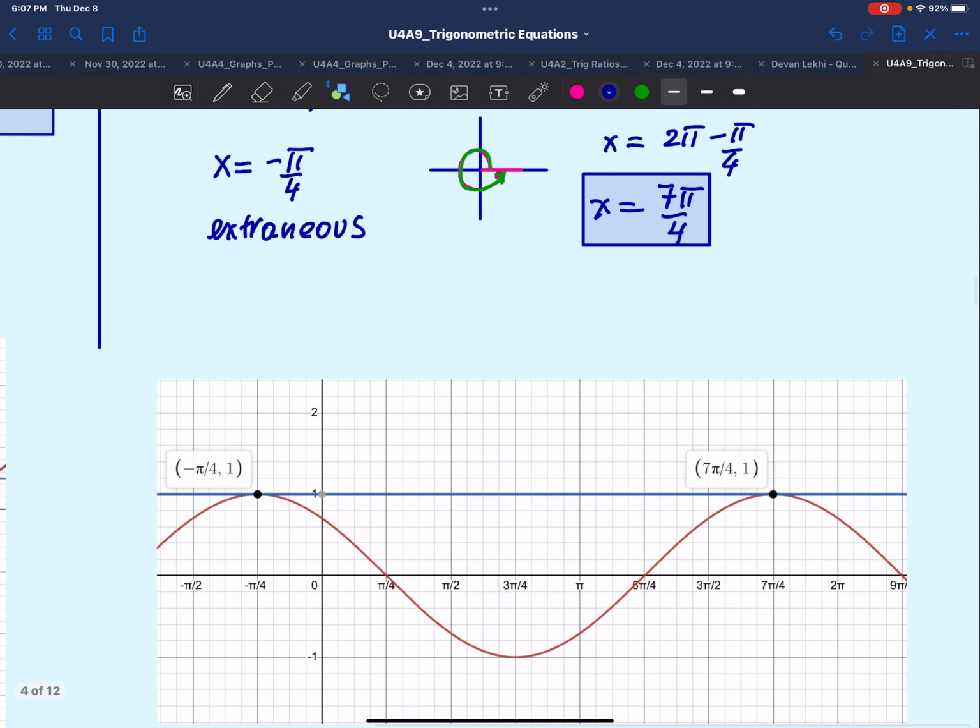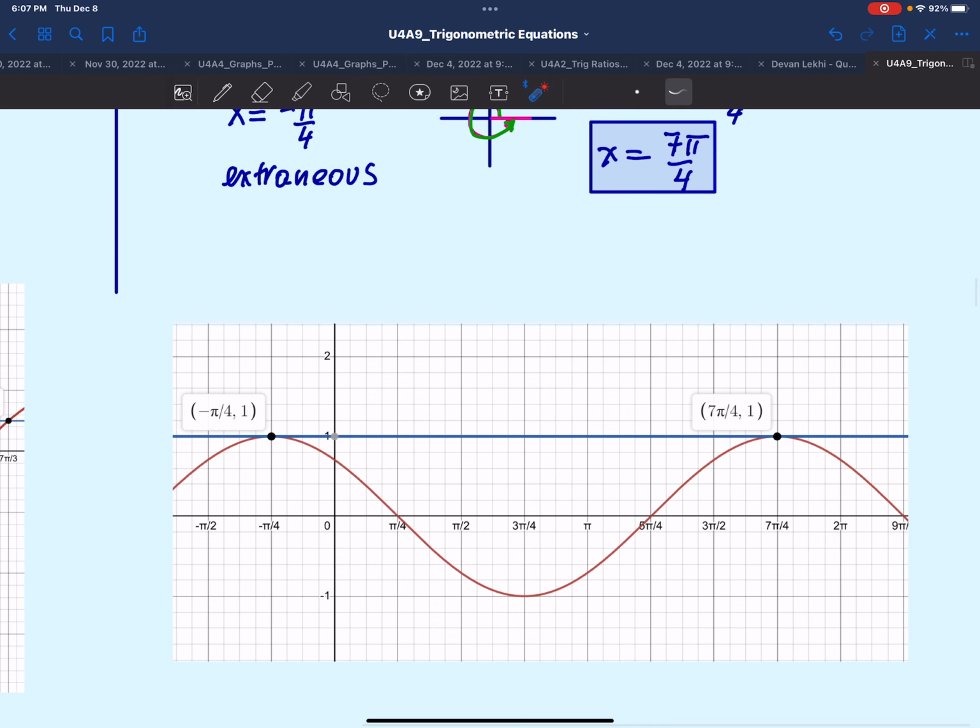And let's take a look at the graphical representation. Here we have the graph of the function y equals cosine of x plus pi over 4, which is translated pi over 4 to the left. What that means is that if the domain of the equation is from 0 to 2 pi, then for x plus pi over 4, we always have to move to the right pi over 4.